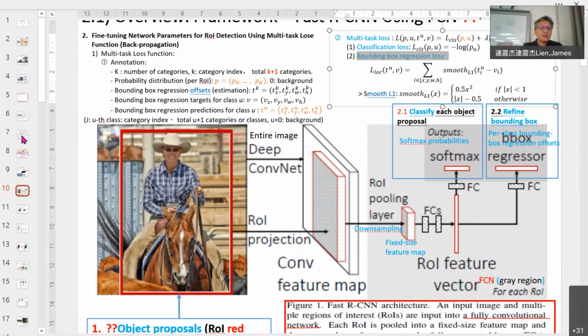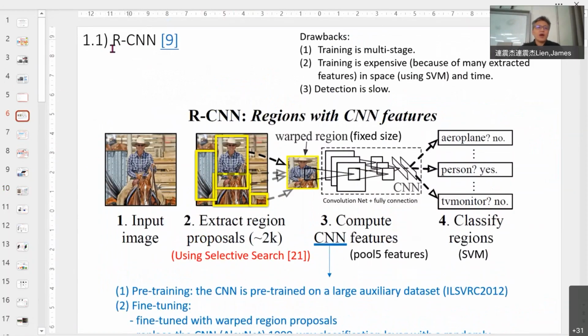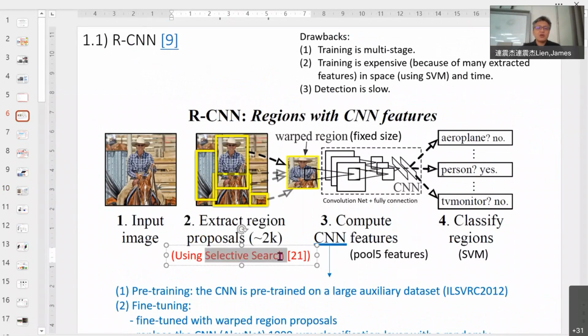I say again, I would like to tell you the history. Here, all the RCNN versions use the same approach. They use selective search to crop the bounding box, using computer vision, and then do classification. So here they strongly rely on selective search.